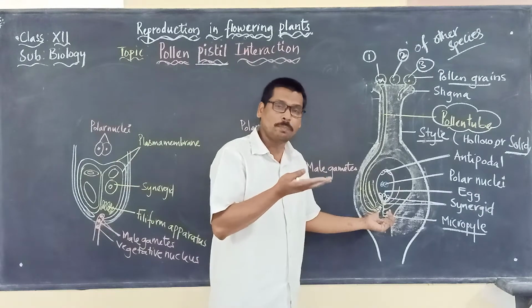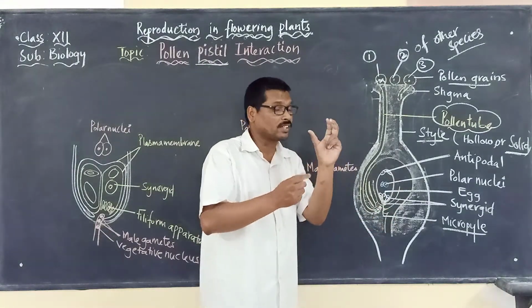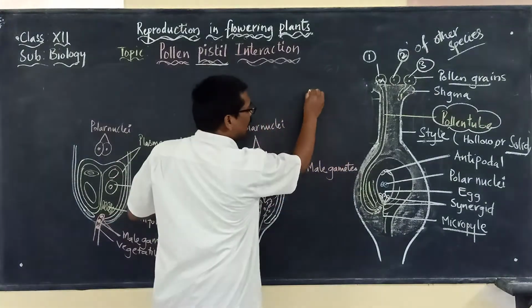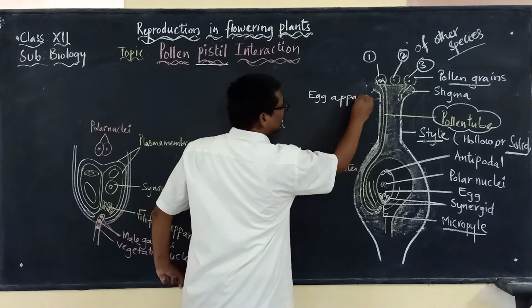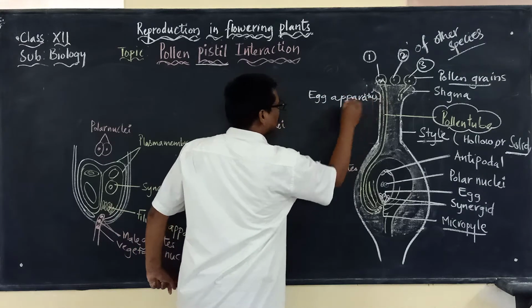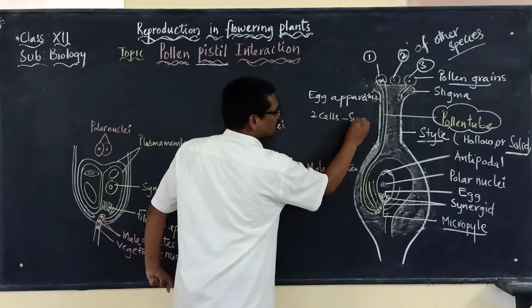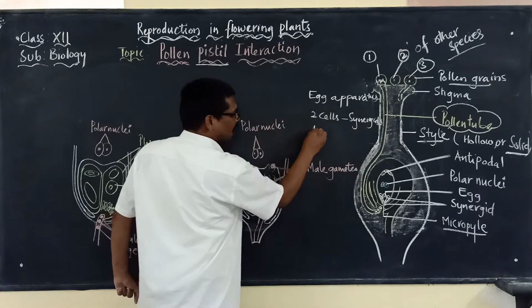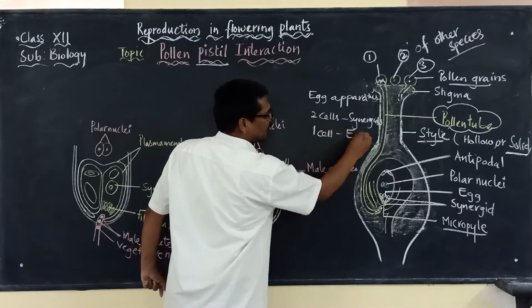At the micropyle region, the embryo sac consists of a structure called the egg apparatus. What is this egg apparatus? It consists of two cells called synergids and one very important cell, the egg.